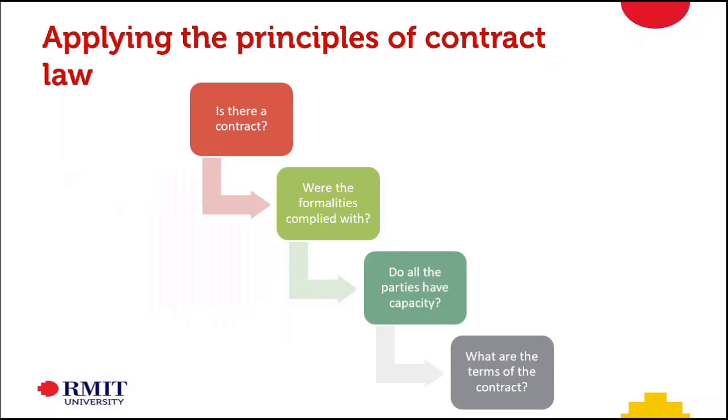So once we've got through that hurdle, if there is one, then we also need to think about, do all the parties have capacity? Have we got any children involved? Have we got people who are drunk or insane or under the influence of narcotics in some way? And then once we get through all of that process, then we start to think about what the terms of the contract are.